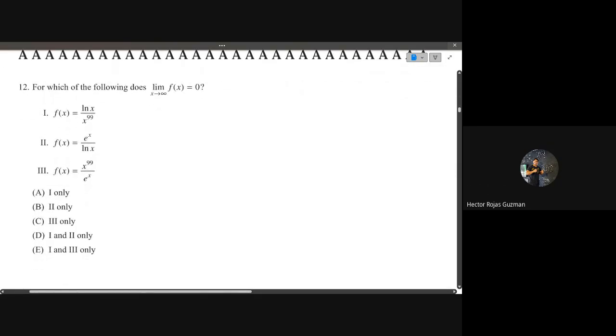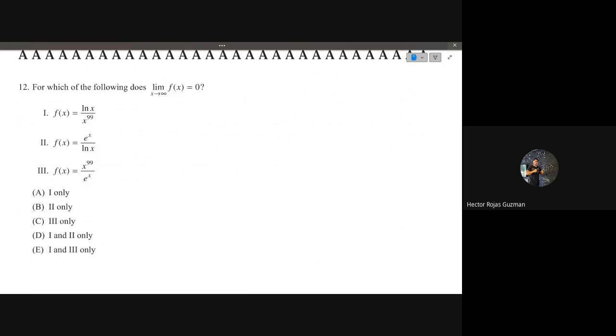Which of the following has the limit as x approaches infinity equal to 0? So it looks like we have to know which functions grow fastest, right? For the first one, they both go to infinity, but this one is greater because x to the power of 99 is significantly bigger than ln of x.